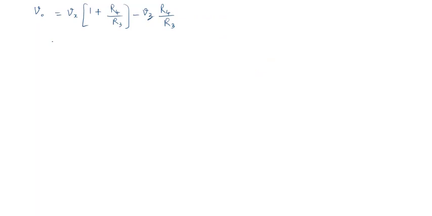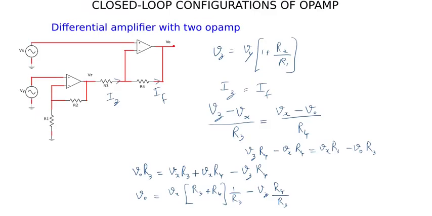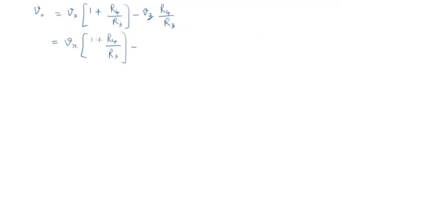So it is like VO, which is equal to Vx 1 plus R4 by R3 minus, what was that? It was Vy 1 plus R2 by R1, Vy 1 plus R2 by R1 times R4 by R3.